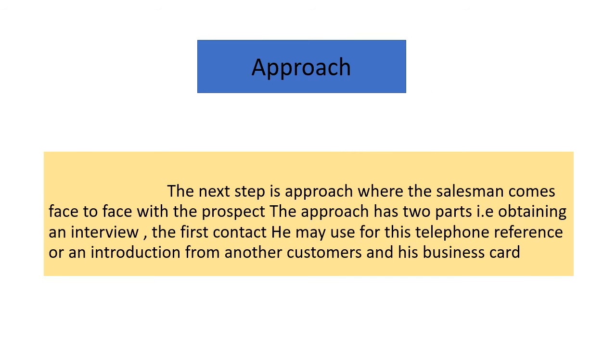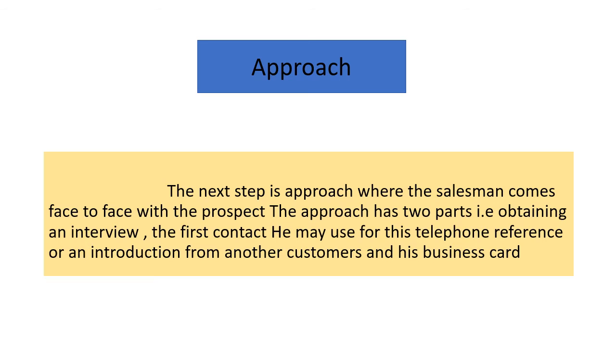The fourth stage is approach. The next step is approach, where the salesman comes face to face with the prospect. The approach has two parts, that is, obtaining an interview, the first contact.